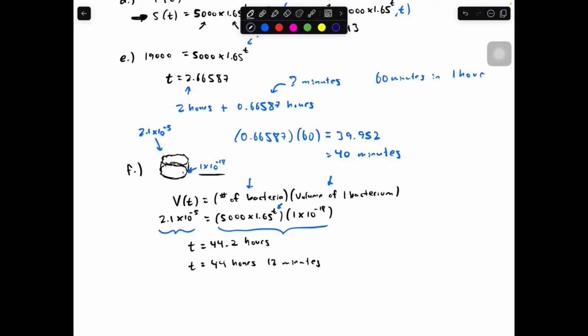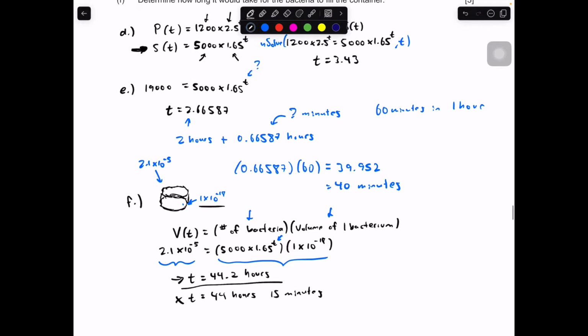But then again, it's 0.2481, so we'd probably want to, if we wanted to, which is potentially a big if, do 0.2481 times 60, which would actually be closer to 15 minutes. But if this is a scientific experiment and they're going for precision of some kind, this should be fine. I'd almost even caution against this, especially if it's not asked for.